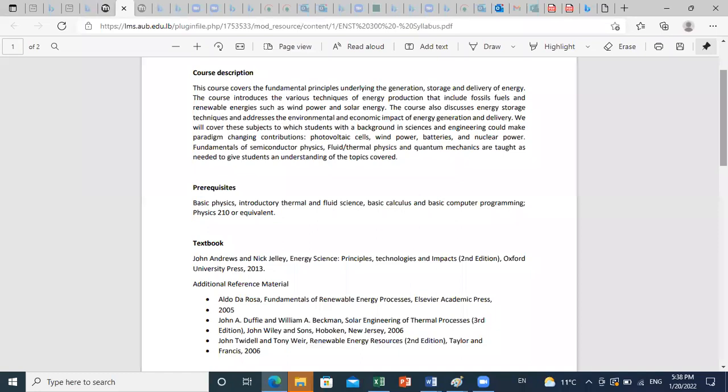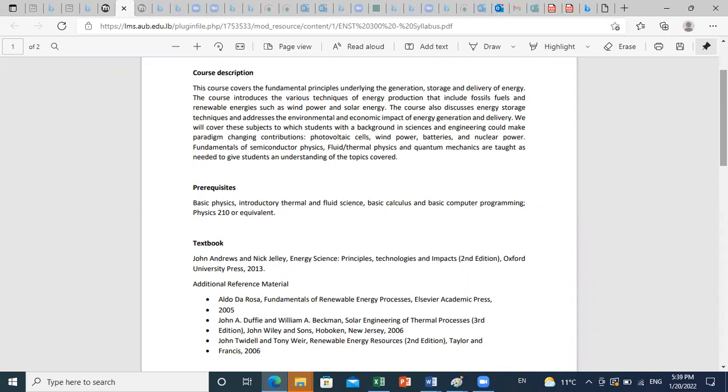Now, this course will introduce various techniques of energy production, including fossil fuels. We'll start first, as I said, by introducing sciences that are related to energy and help us to know how to convert energy from one form to another.